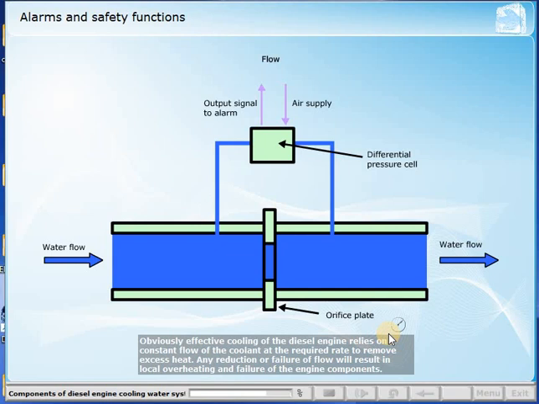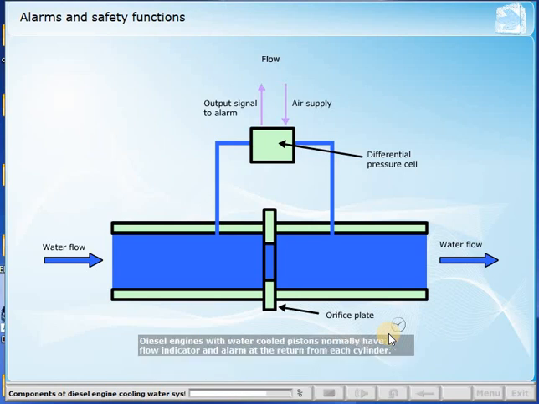Obviously, effective cooling of the diesel engine relies on constant flow of the coolant at the required rate to remove excess heat. Any reduction or failure of flow will result in local overheating and failure of the engine components. Diesel engines with water-cooled pistons normally have a flow indicator and alarm at the return from each cylinder. It is also common to have flow alarms and slow down function arranged for the jacket water outlet from each unit.